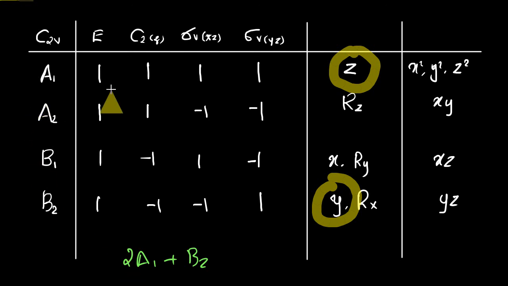You look at the A1 representation in the character table, and check whether there is any binary product appearing in that line. Yes, it is there. If it is the case, then the vibrations belonging to this A1 symmetry will be Raman active. So symmetric stretching and symmetric bending are Raman active.